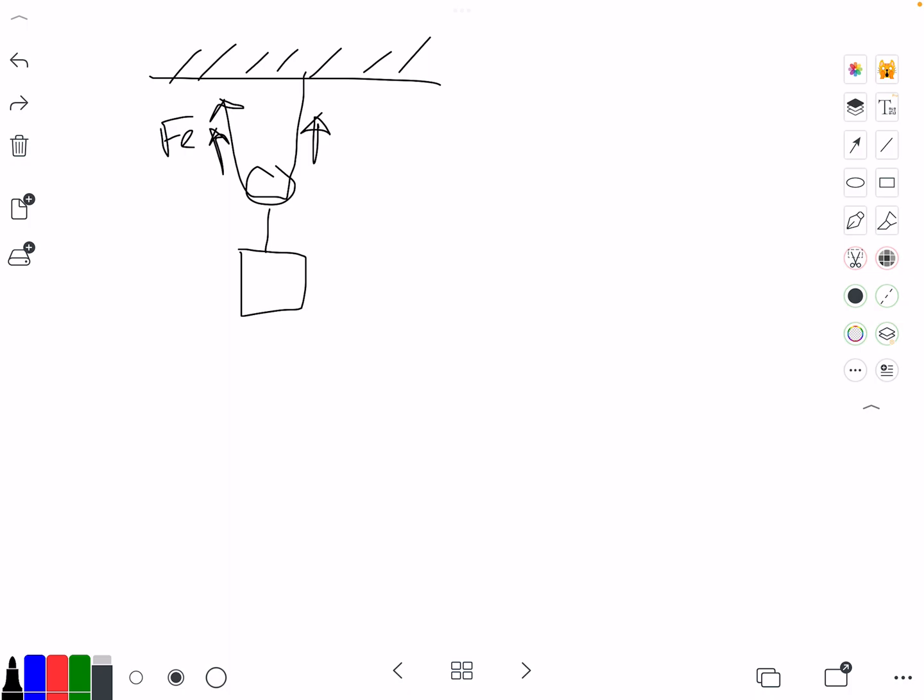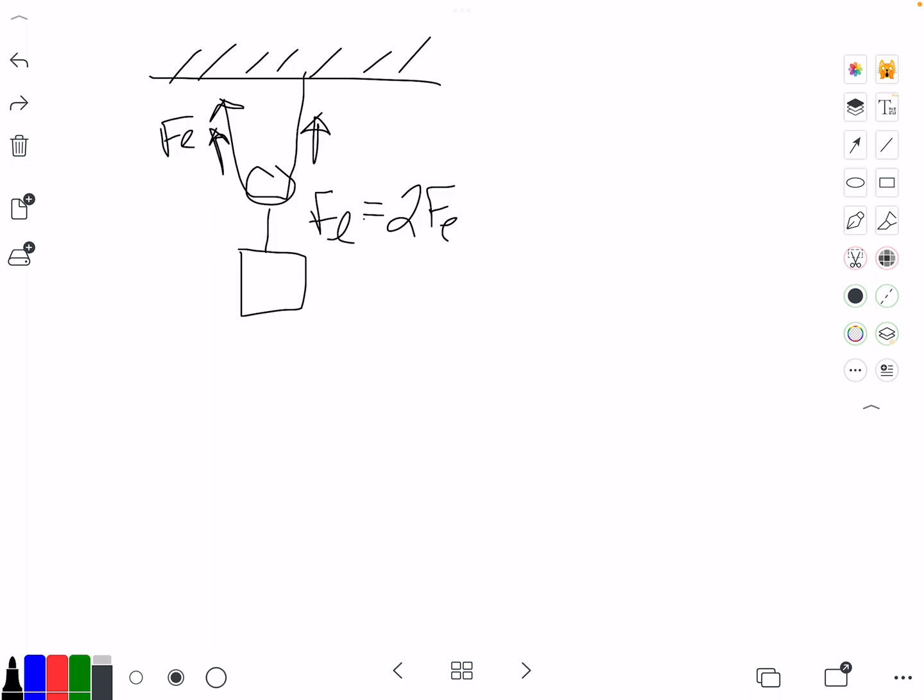So you actually have 2 times the effort force pulling up. So in this case, the F of the load is 2 times the force of the effort. Now this will give you mechanical advantages and benefits. Of course, the force in this direction is a little awkward.